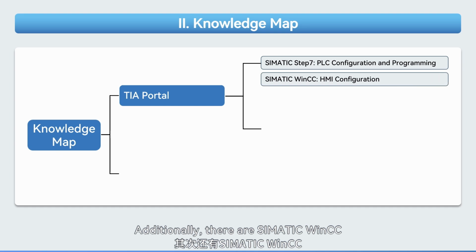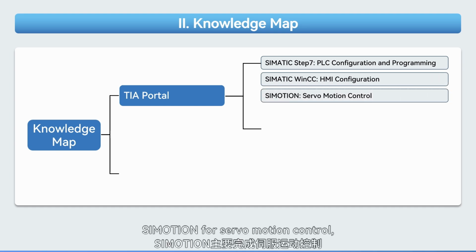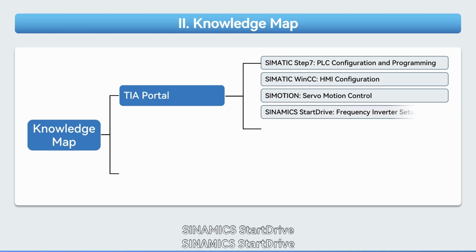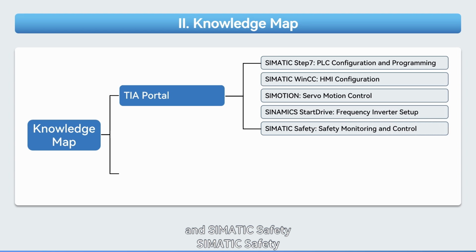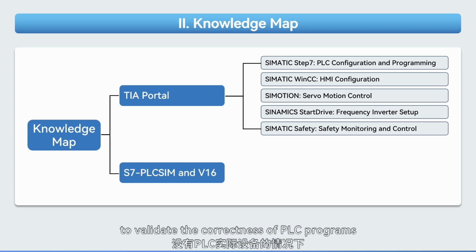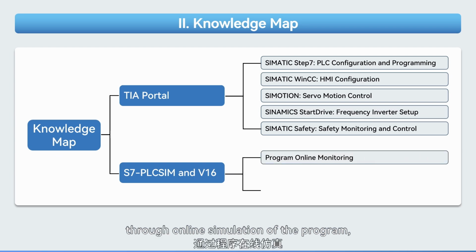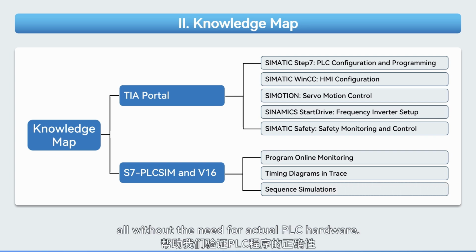Additionally, there are SIMATIC WinCC for HMI configuration, SIMOTION for servo motion control, SINAMICS Start Drive for frequency inverter setup and debugging, and SIMATIC Safety for safety monitoring and control. The second part covers the use of PLCSIM simulation software, which allows us to validate the correctness of PLC programs through online simulation of the program, timing diagrams and trace, and sequence simulations, all without the need for actual PLC hardware.